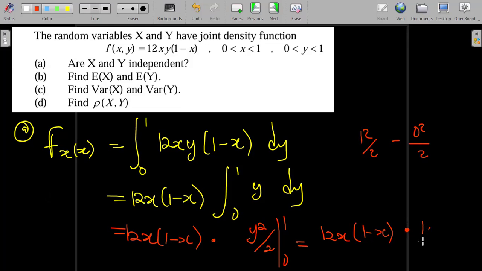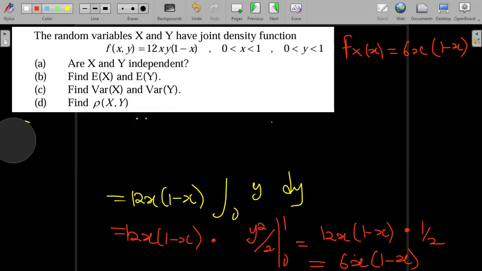So this will just be a half. So 12x(1 minus x) multiplied by half gives 6x(1 minus x). So my marginal PDF of x is 6x(1 minus x).